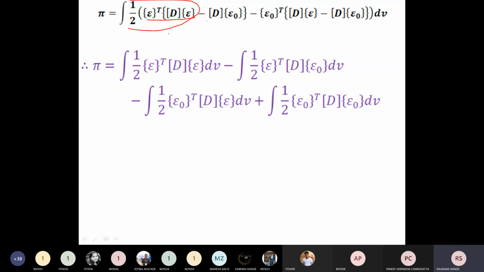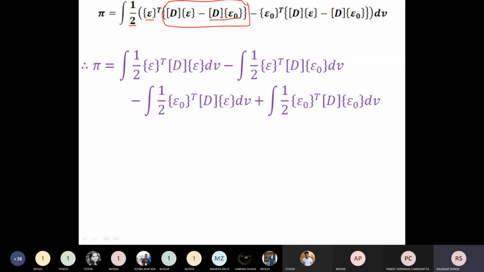Now second term is epsilon transpose. Second term is this epsilon transpose. Now here I have written separate integration for each term. It is half of epsilon transpose d epsilon 0. Okay. Now next term here this term is over up to here. Okay.